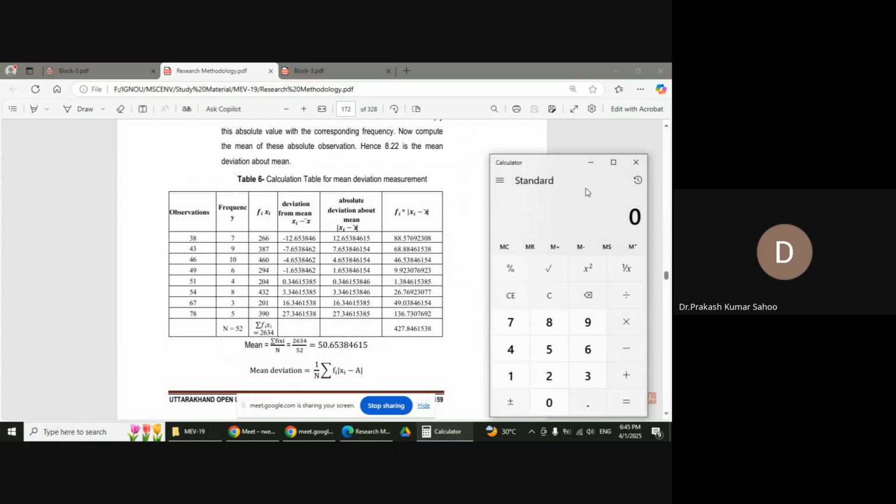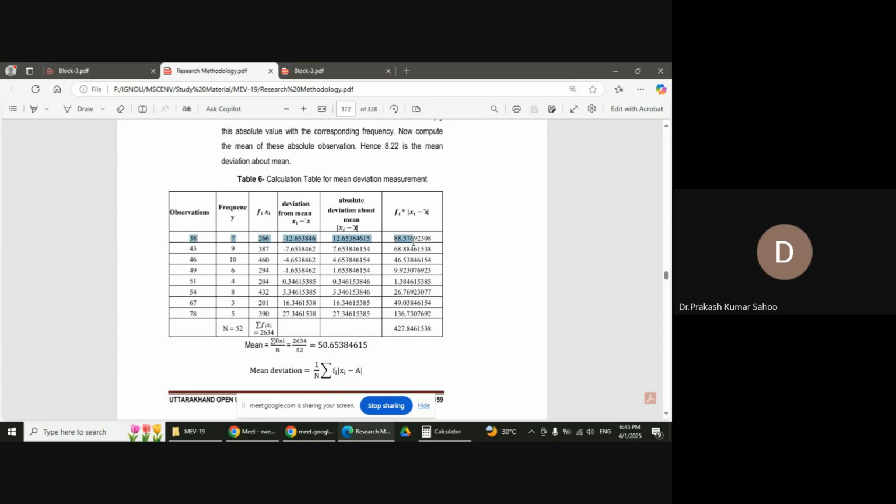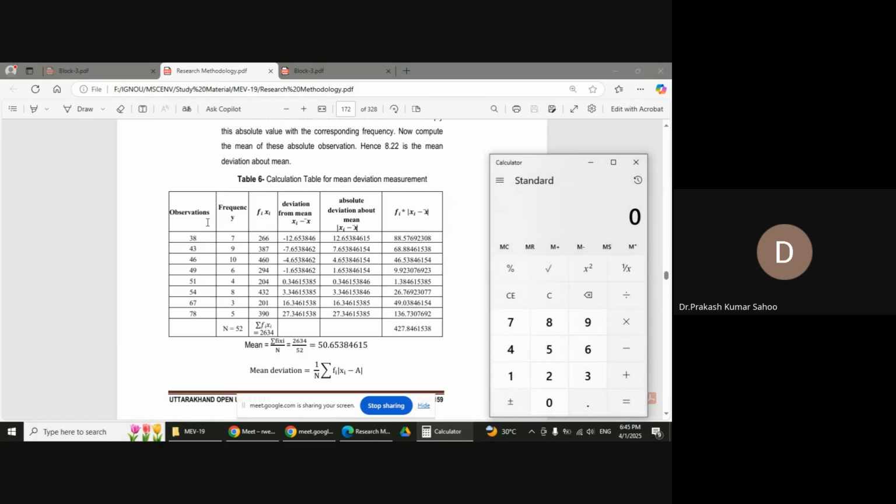38, just see here, I calculate the first calculation. The observation is 38, the frequency is 7, it becomes 266. It is correct.